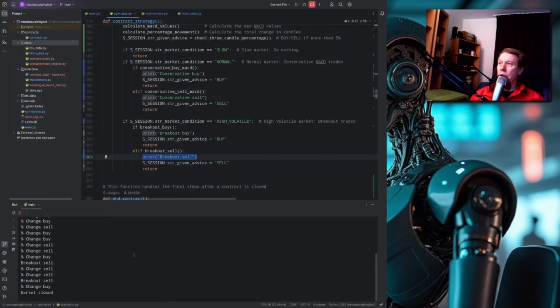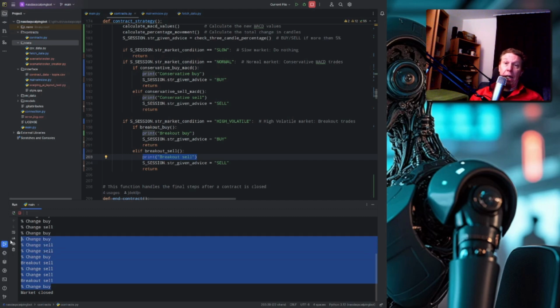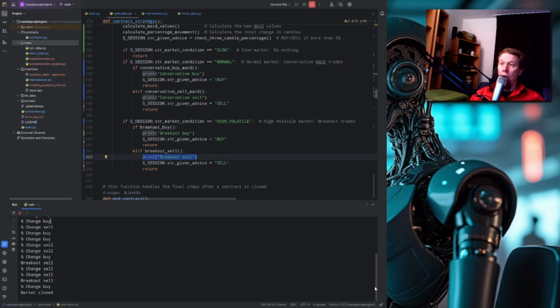And if I look in the total, if you look right here for today, from market closed, we've got a change buy, a breakout sell, again a change sell, and with a breakout sell, wow, a change buy, a change sell, a change sell, buy. All you see right here is all change buy or change sell.